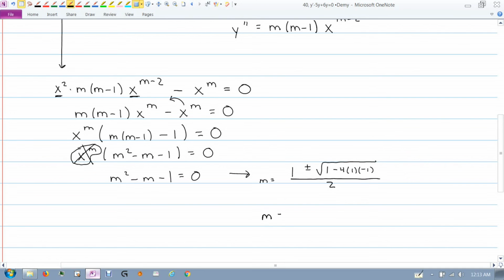So m must be equal to 1 plus or minus the square root of 5, all over 2. So it looks like we're going to have 2 possible solutions here.